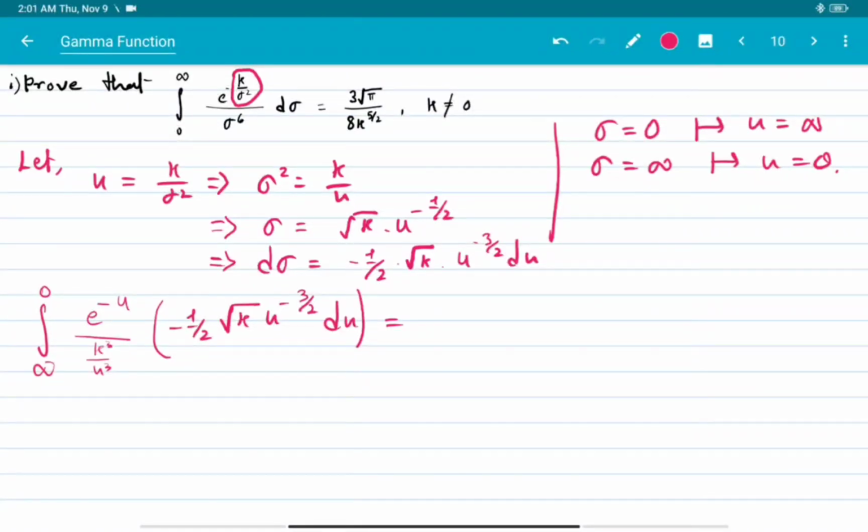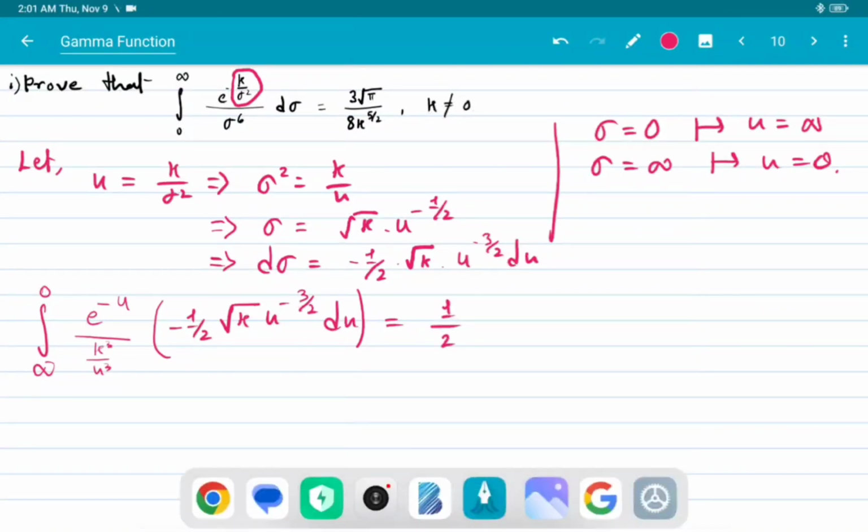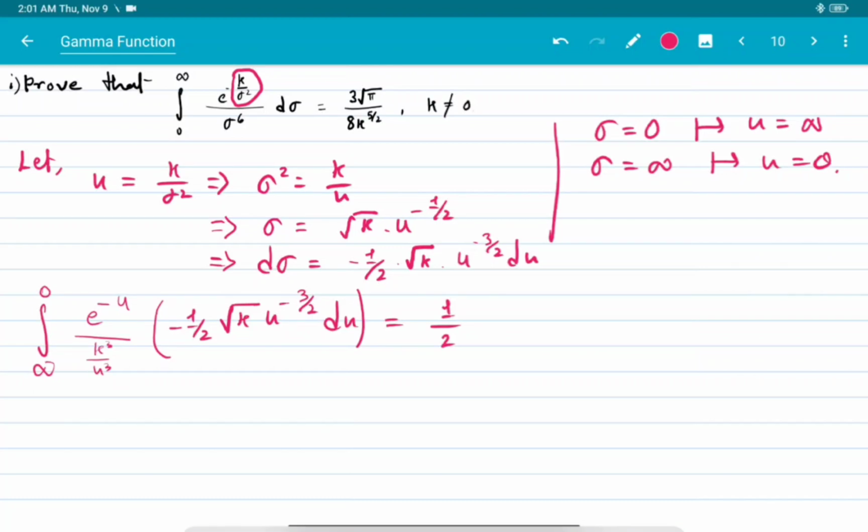So if you make a little adjustment, you will find this is half of k raised to the power 3 over 2, integral 0 to infinity, e to the power minus u and u to the power 3 over 2 du.